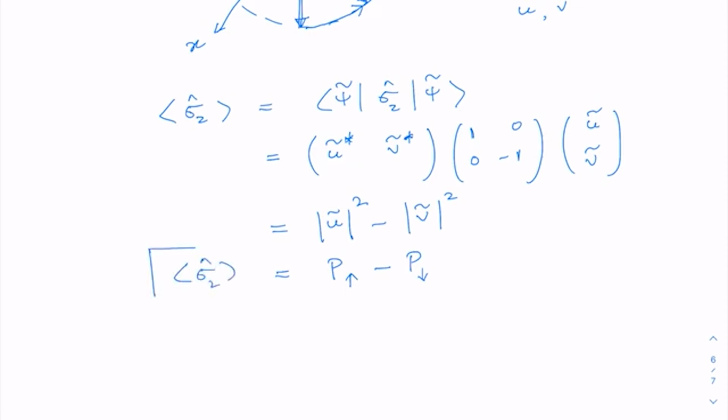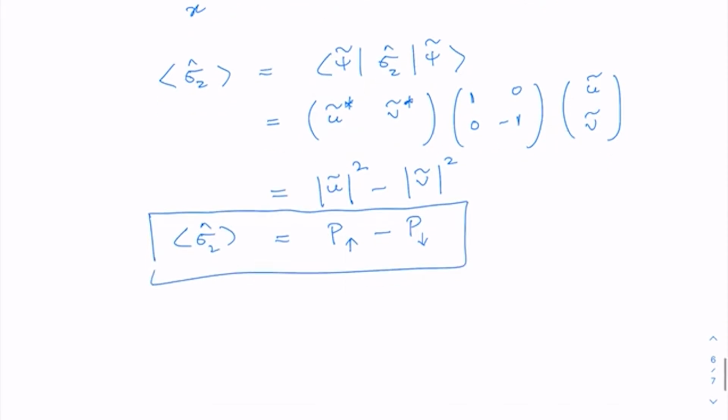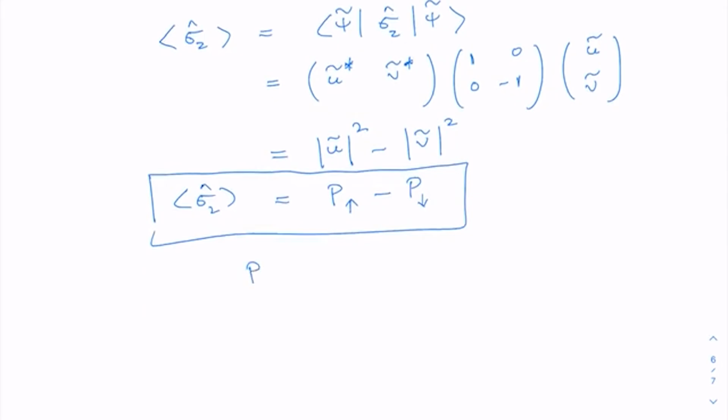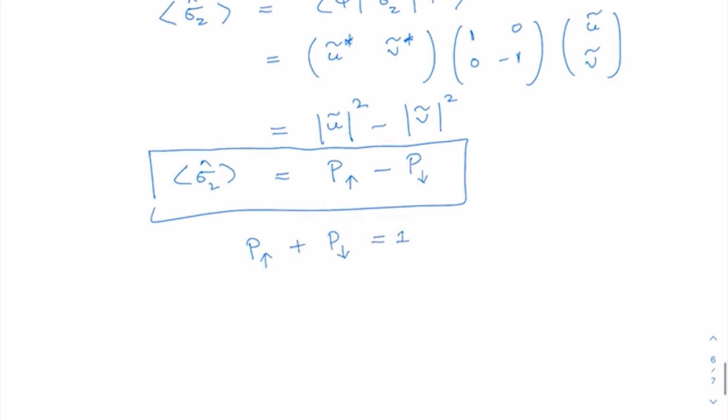Taking this as the hint, another thing I know is that at any given time the total probability has to be equal to 1. So I can find P up, the probability of finding the system in the excited state.